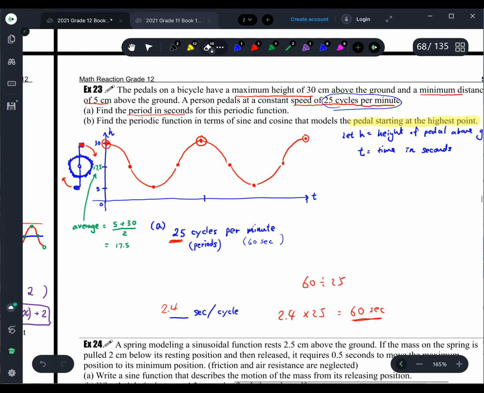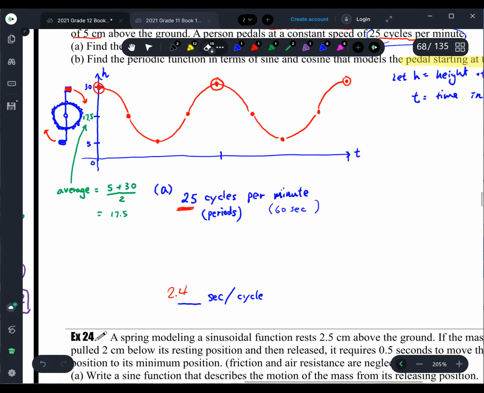But how do you set it up so you can find it? You can use something you learned in grade 8. It's called a ratio or proportion. So you can set it up like this. You have 25 cycles per minute, so you can write a ratio like that. It takes 60 seconds for 25 cycles.